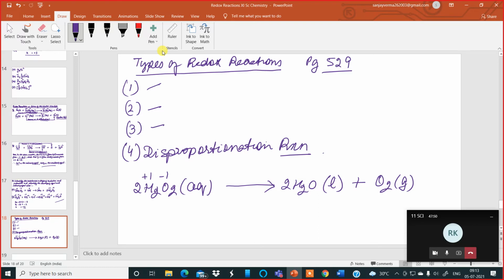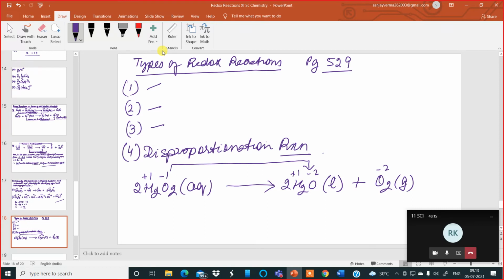In water, hydrogen is +1, oxygen is -2. Now have a look very carefully. In this example, the oxidation number of oxygen is changing from -1 to -2, which means it is decreasing.